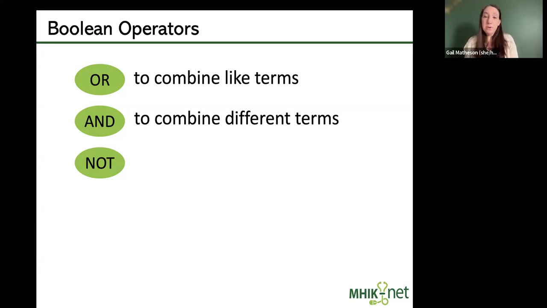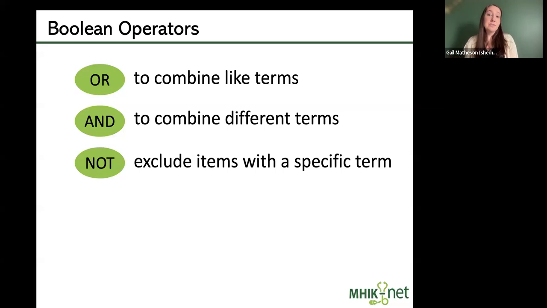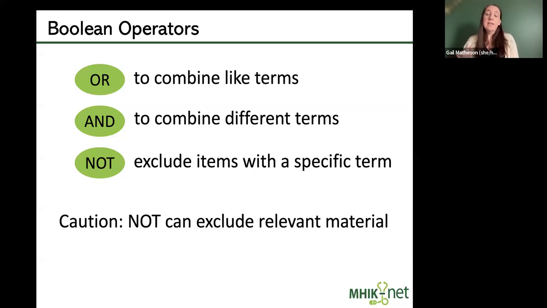You can also use NOT, and that will exclude a term, but you have to be really careful with NOT because it's very easy to exclude relevant material. I actually don't use NOT very often at all. Sometimes I'll use it if it looks like I'm getting a lot of results that have a term in it that I don't want, so I might experiment with it to see if I can bring some more relevant things to the top.